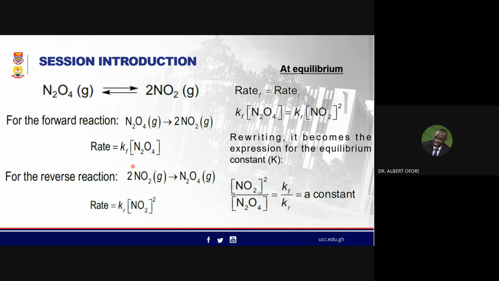So in rate of reaction, when the reaction is just a single step, that is, if it is an elementary step, please note again, if it is an elementary step, the order of the reaction is the same as the stoichiometric coefficient. That is, the mole factor there becomes the order of that reaction.